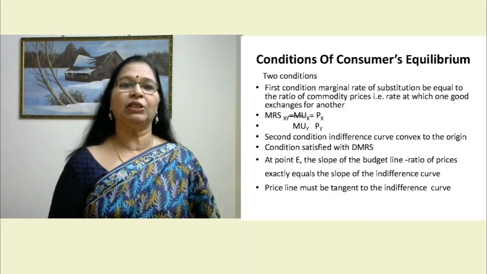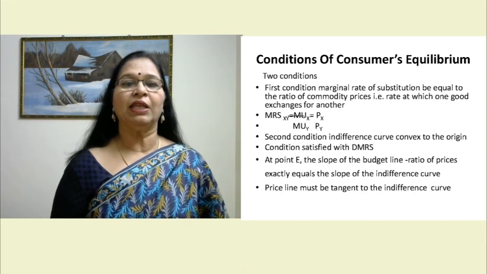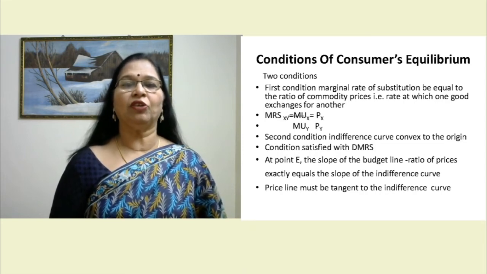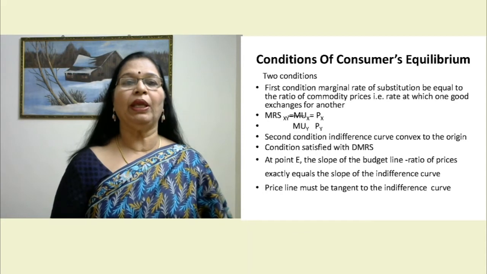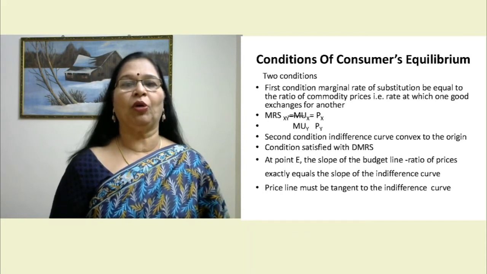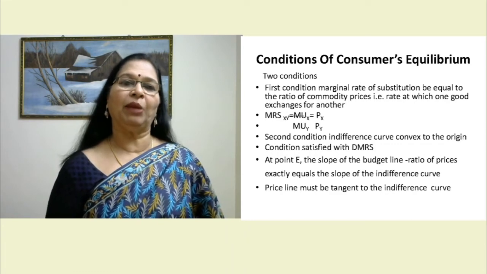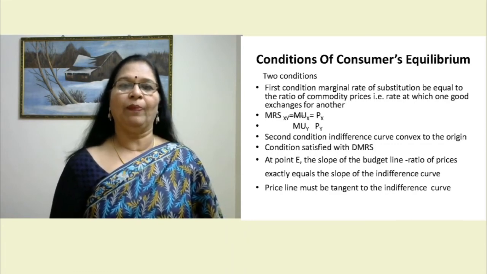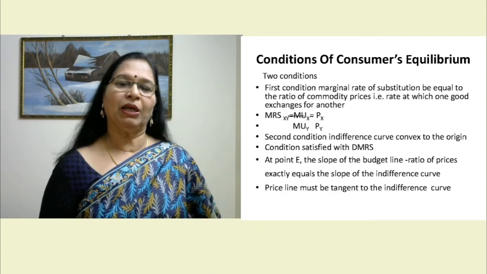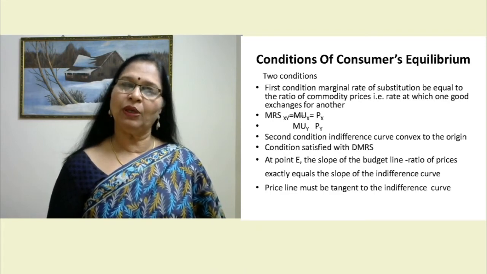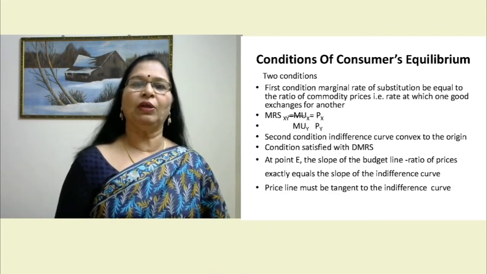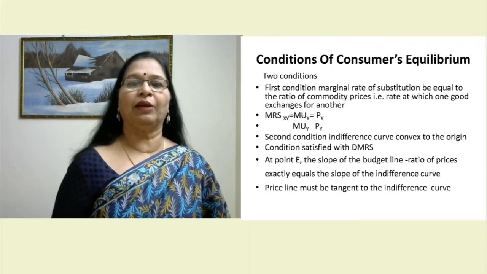Now these two conditions mean the first condition is that the marginal rate of substitution should be equal to the ratio of the commodity prices. That means the rate at which one commodity can be exchanged for another commodity. So at that point, the marginal rate of substitution is equal to the price ratio of the two commodities.